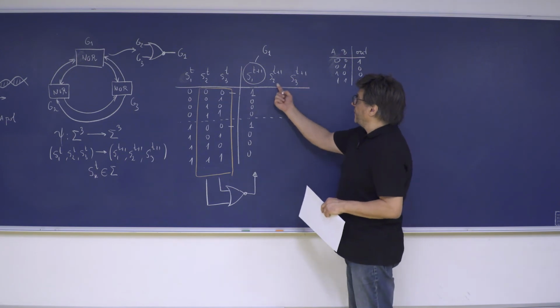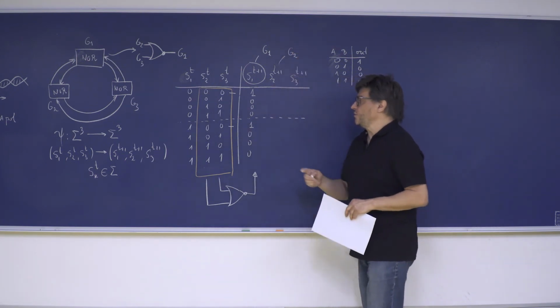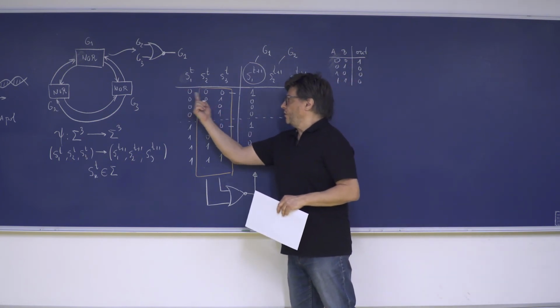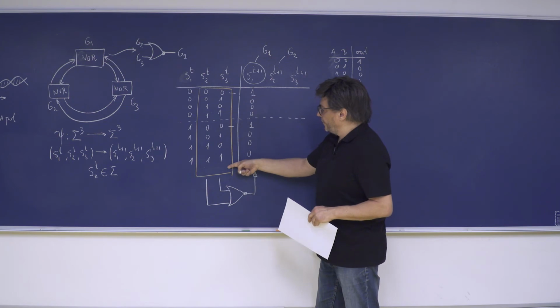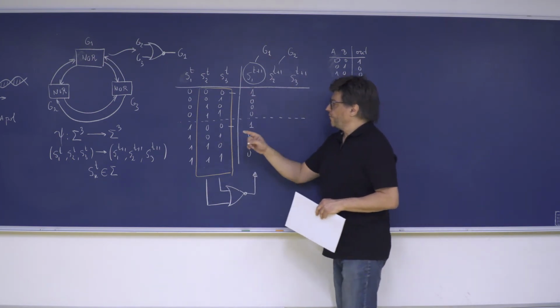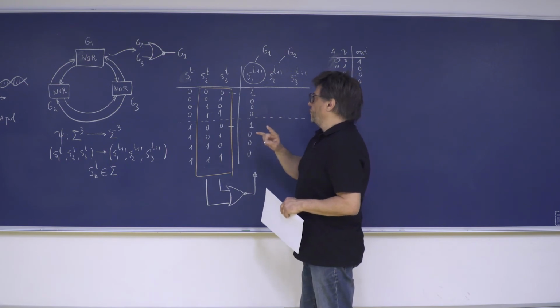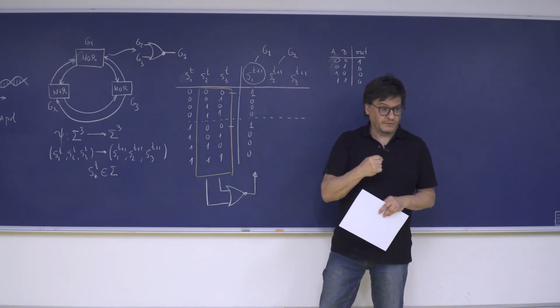Now I'm looking at the second gene, okay? What's the state in the new iteration? So I need to go now into the neighbors, the first column and the third column, and look again at my NOR table. What are the favorable cases when I want to have a 1 as an output state?